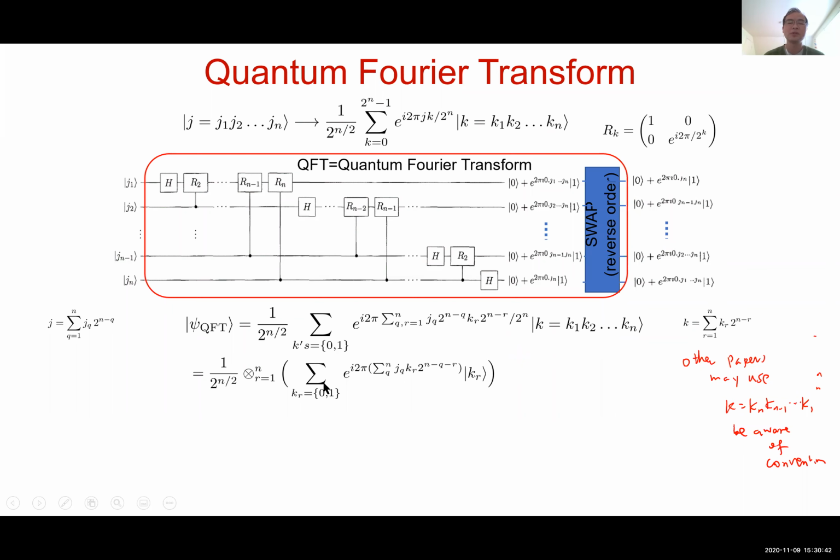So we order the qubits and combine the one related to the rth K in terms of this e to the i 2 pi sum, and I'm going to cancel out one factor of 2 to the n. So it's still the same expression, but I'm just separating into individual qubits.